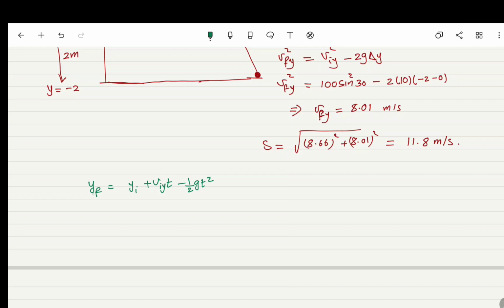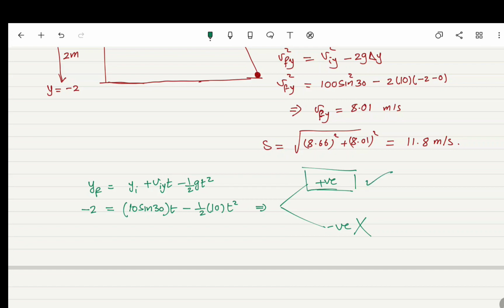Now y final here is equal to -2, so -2 equals 10 sine 30 times t minus half 10 t square. This is a quadratic equation. Upon solving it, you will have two roots, a positive root and a negative root. Since time will never be negative, we take just the positive root.